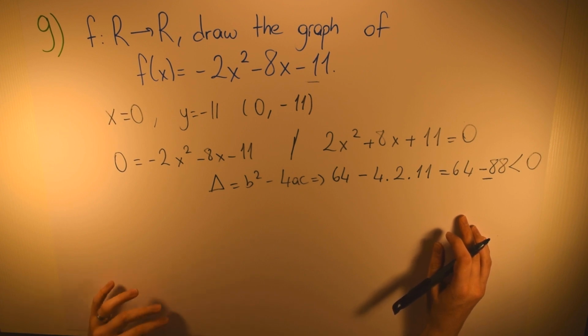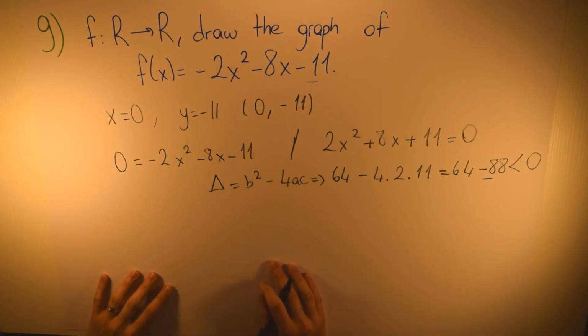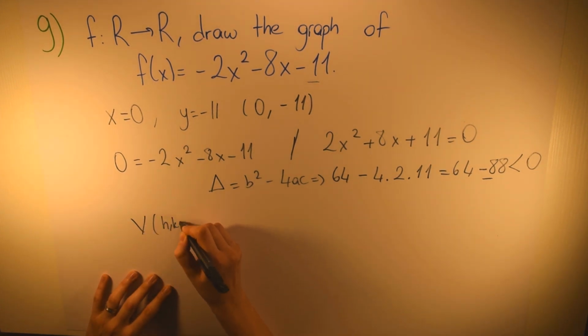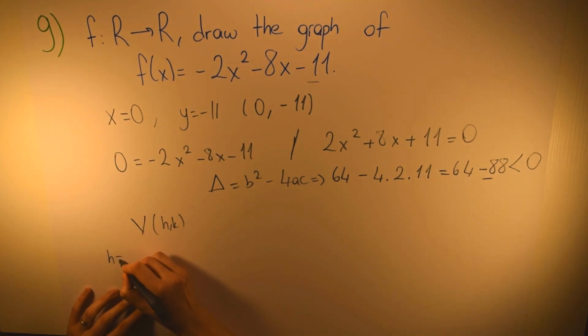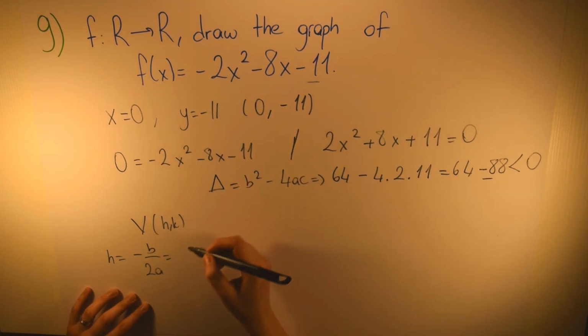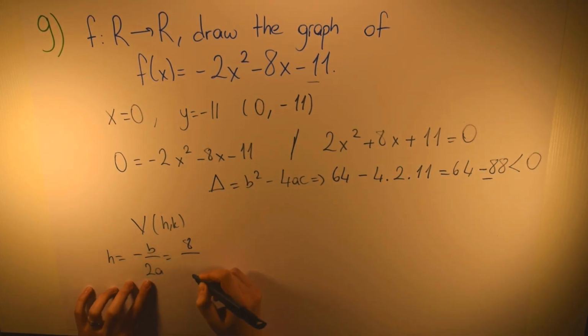So now all we need to find is the vertex point, and then we will be able to draw our parabola, our graph. So let's do that. How do we find our vertex points? It's h and k. So h is equal to minus b over 2a. So here it's minus b, it's minus 8, so it's plus 8 over 2a.